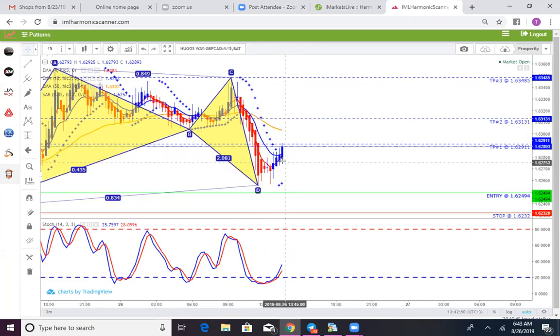Yes, it is a flat bottom Heikin-Ashi candle, okay? And the last thing I'm looking for is my parabolic support and resistance. You can just call it the dot if you so choose. Do I have my dot? Yes, I do. Now, the harmonic scanner is saying it can potentially come all the way up to 1.63131 for a take profit.